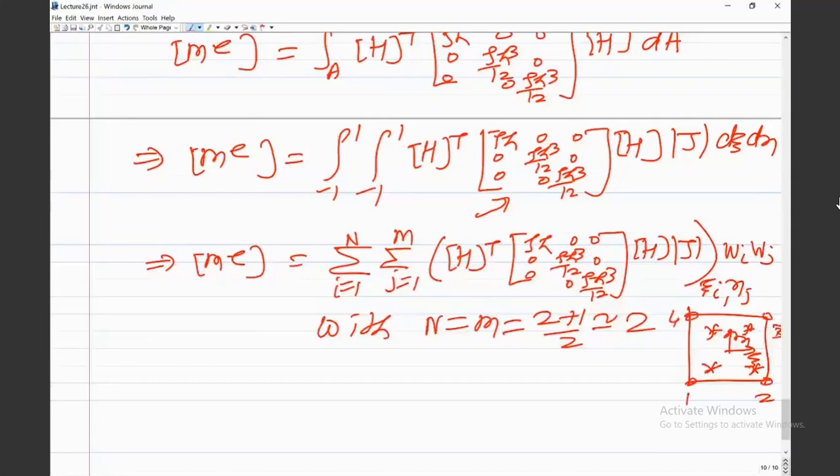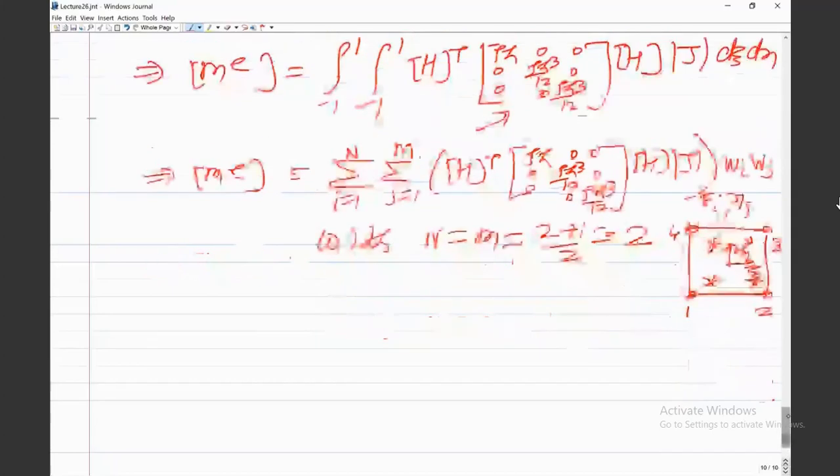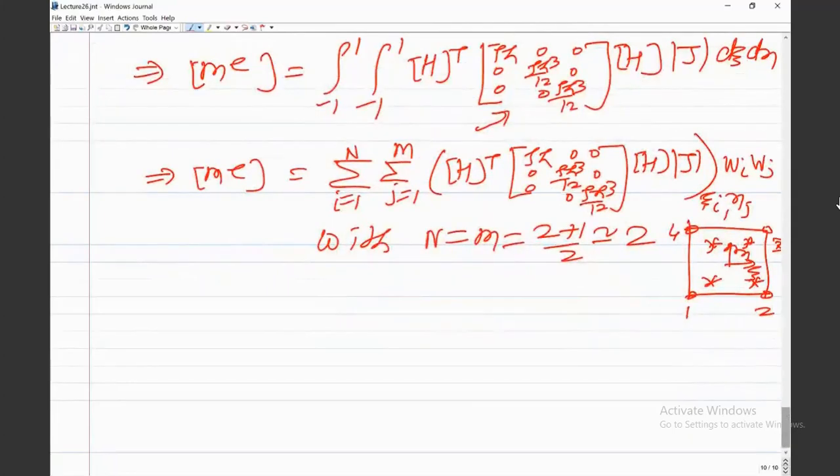Now, using this you can develop the mass matrix for different types of elements. Whatever elements we have discussed, for all those elements, you can develop the element level mass matrix and therefore the element level equation of motion.